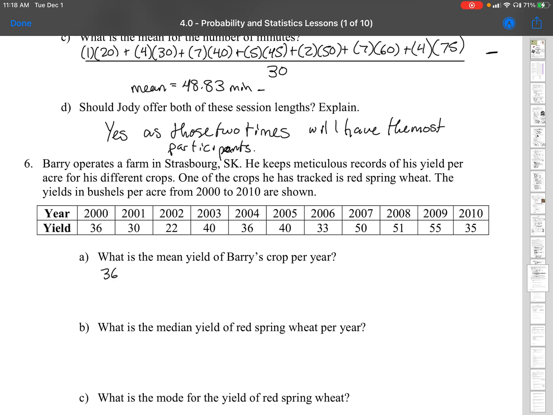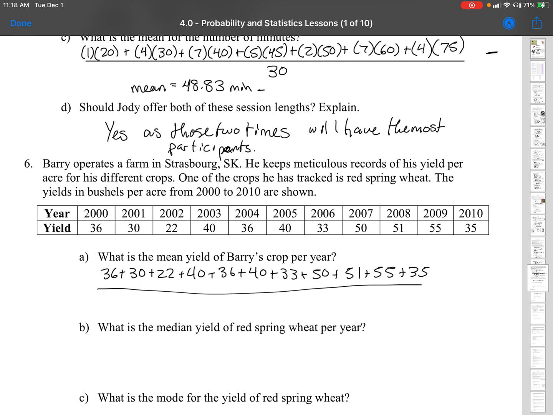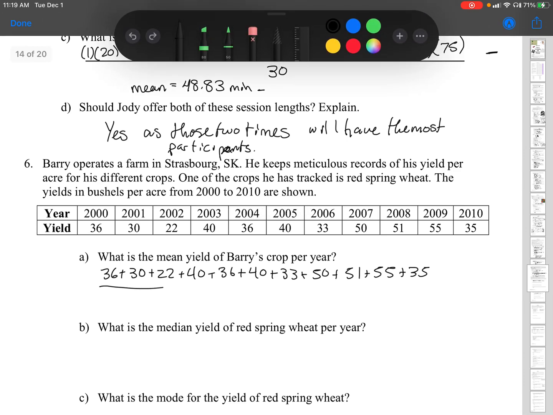So same as before, 36 plus 30 plus 22 plus 40 plus 36 plus 40 plus 33 plus 50 plus 51 plus 55 plus 35, all divided by 11 years, would give us 36.18 bushels per acre as his average yield.